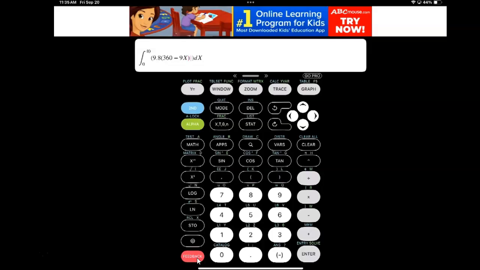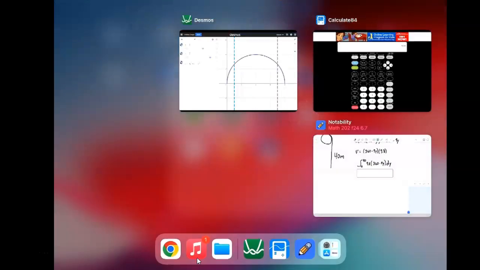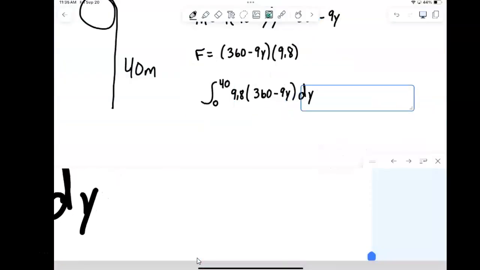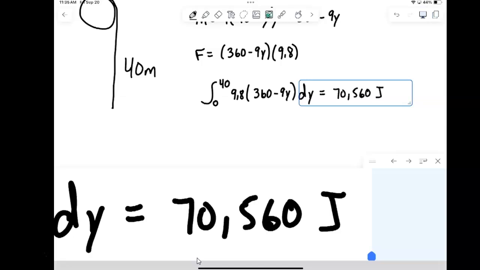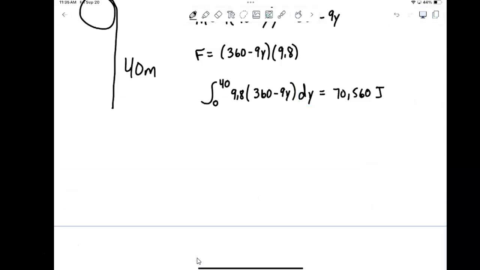And close that parenthesis. And so we find out it's going to take 70,560 joules of work. Okay.